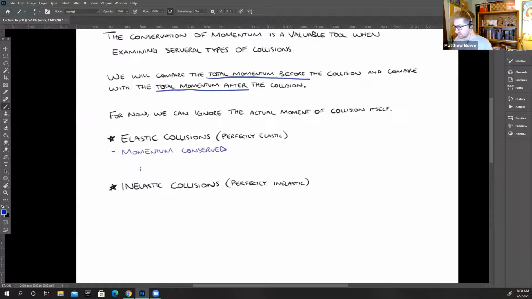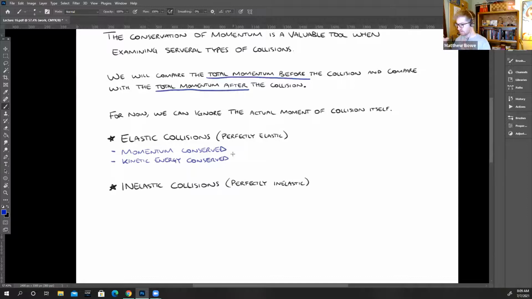So for this elastic collision, things bouncing off of one another, I'm going to say kinetic energy is also conserved. Things may hit one another, change directions, and they may give some of their own velocity to another object.